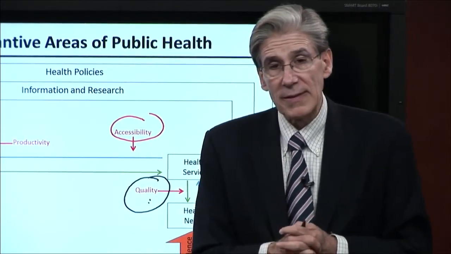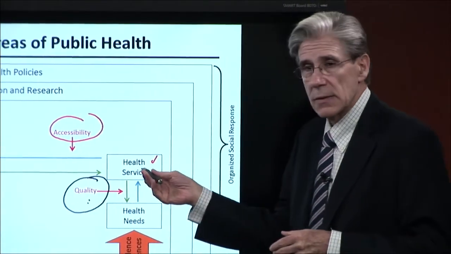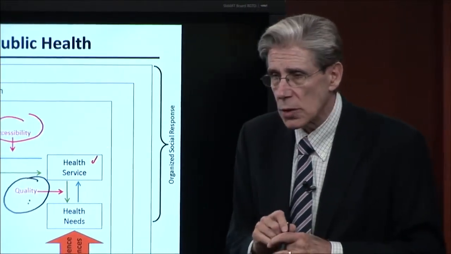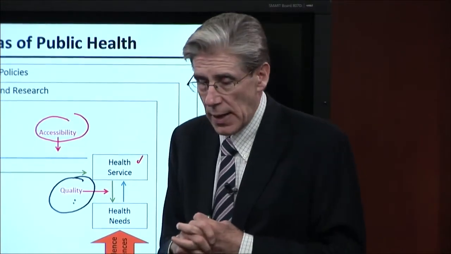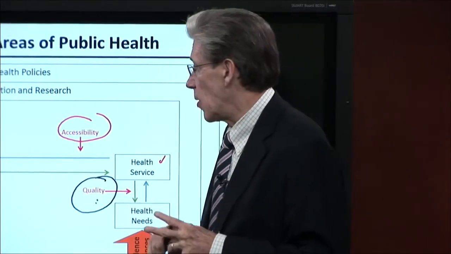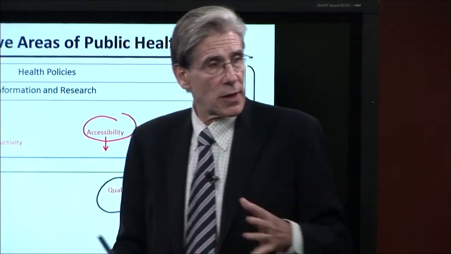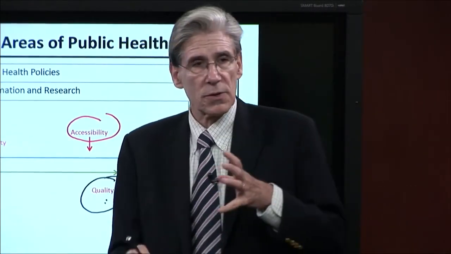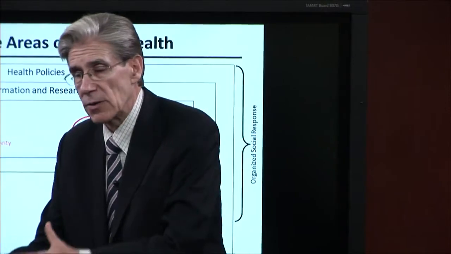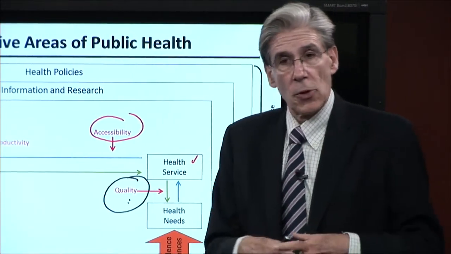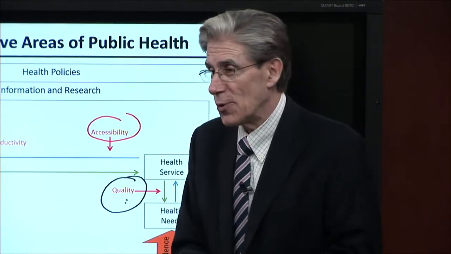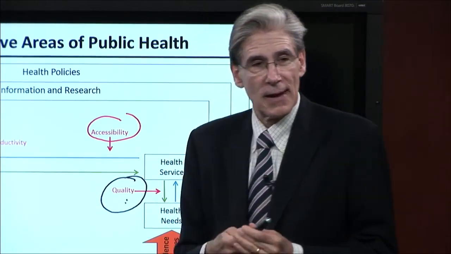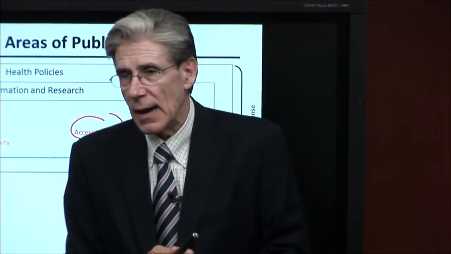There are policies about the types of services that can be produced and the standards of quality under which they are produced. And of course, there are policies about the type of resources. Are we going to have a mix that has more doctors than nurses, or the other way around? Are we going to rely on specialists? Policies about the physical facilities. Do we emphasize ambulatory services? Do we emphasize inpatient services?